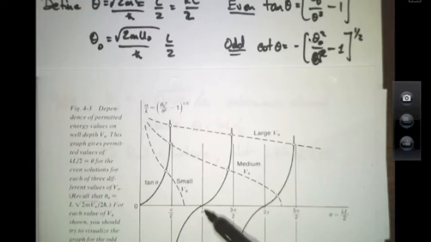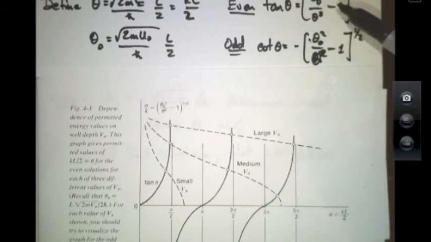And of course, the tangent is 0 at pi, 0 at 2 pi, and 0 at 0. Again, this is just the even functions. That's plotting the left-hand side of the equation.